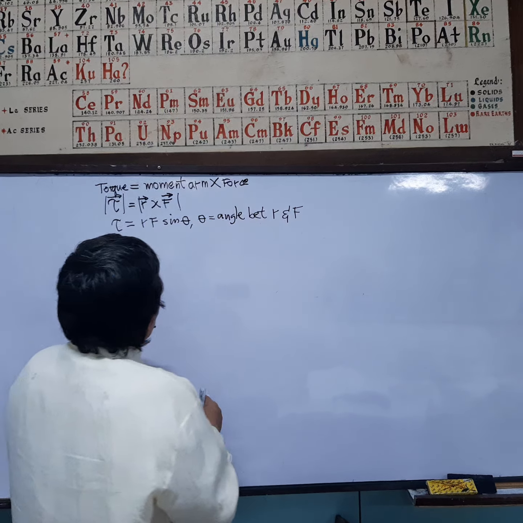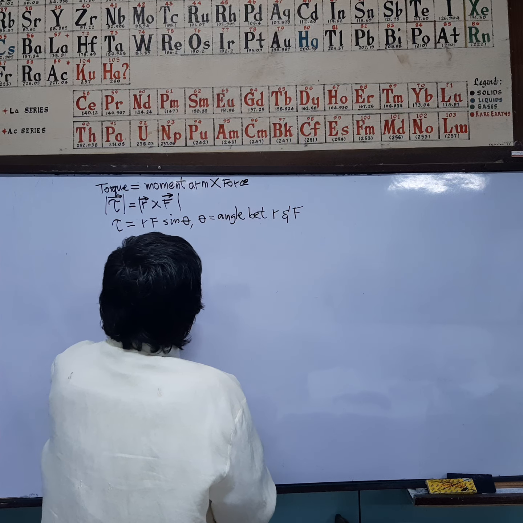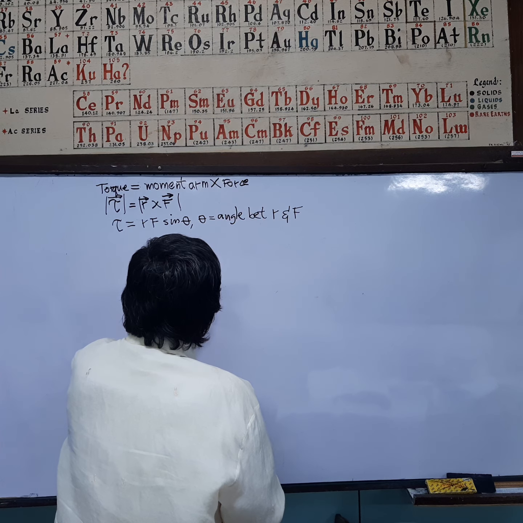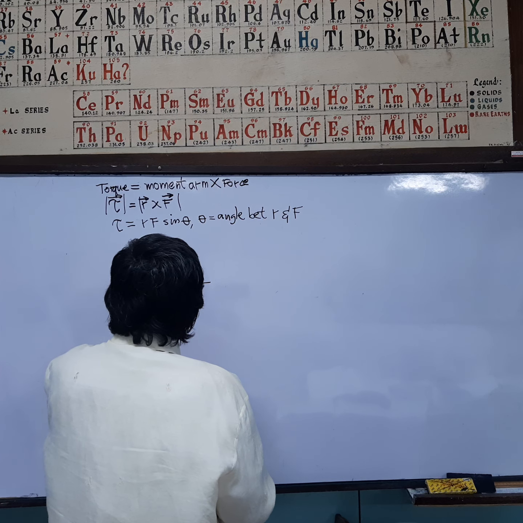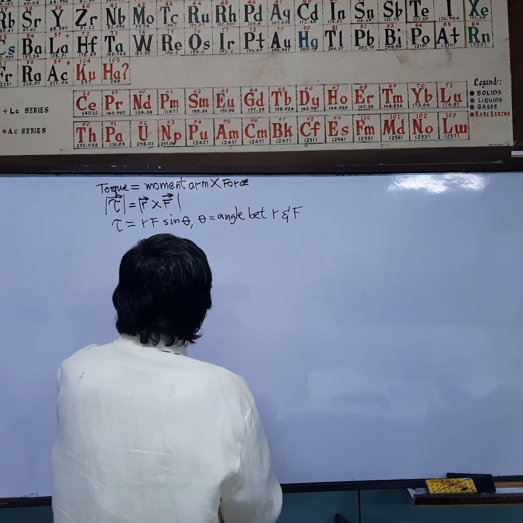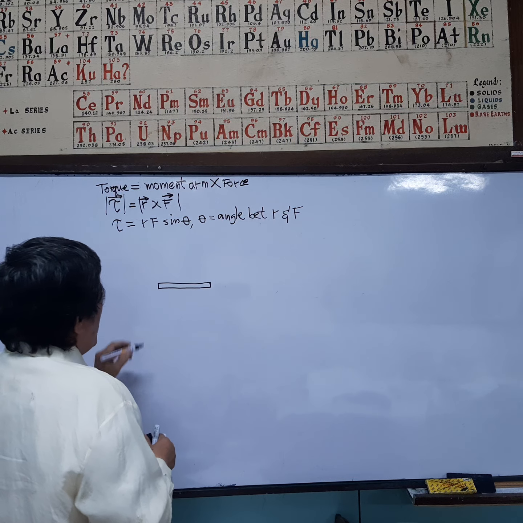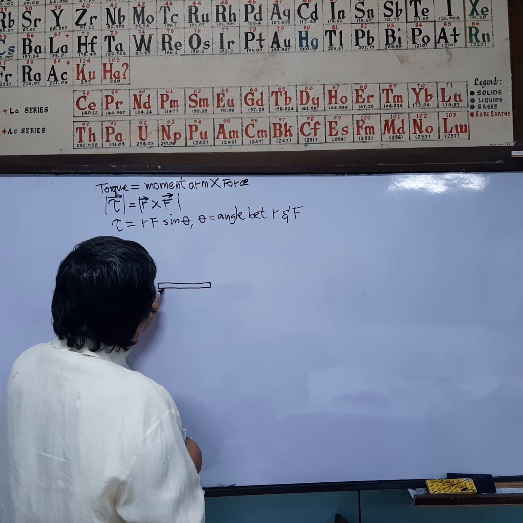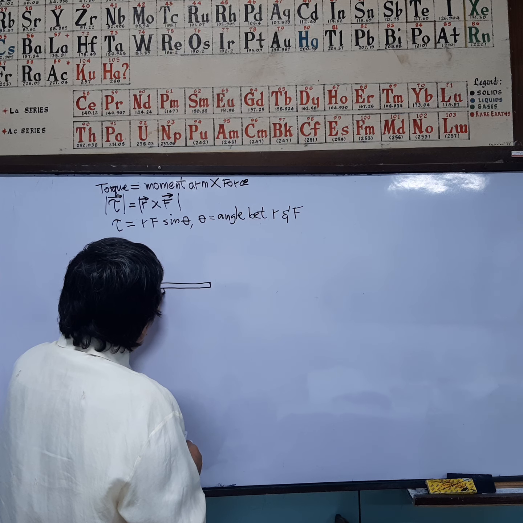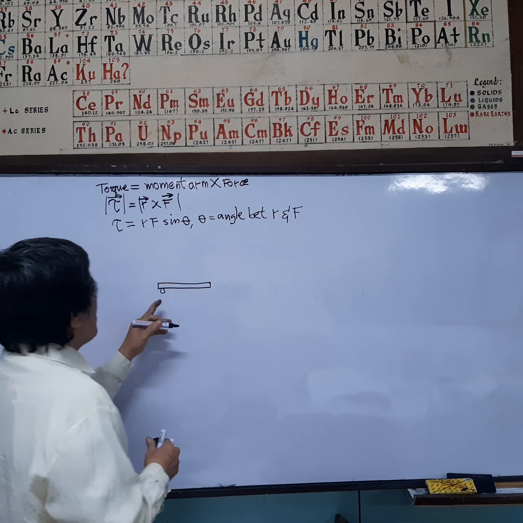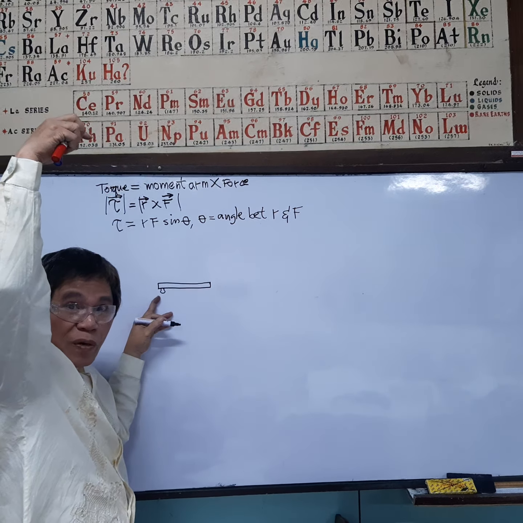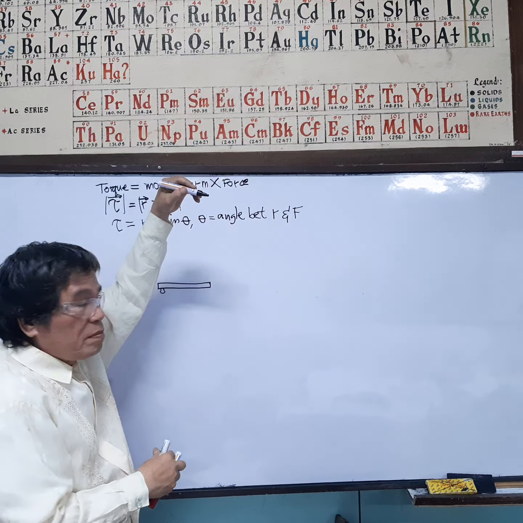So, looking at the top, what you see here is the thickness of the door. And somewhere here is the doorknob. This is the location of the doorknob, looking from the top.